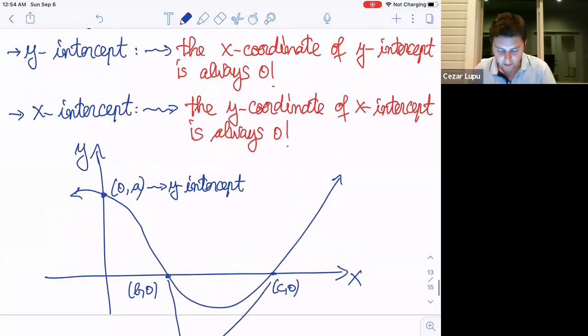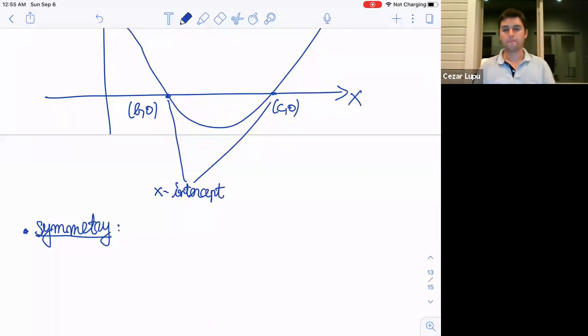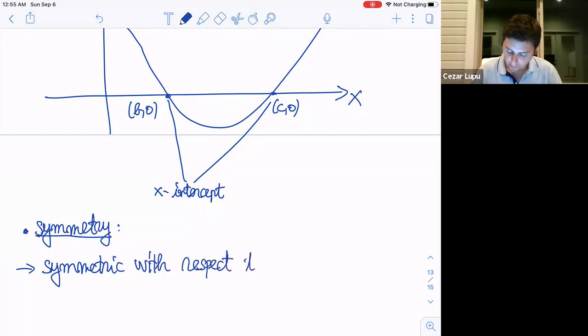So now let's talk about something else, about symmetry. Let's see what it means to be symmetric with respect to y. We want to see what that means.